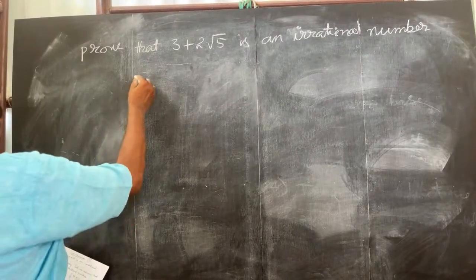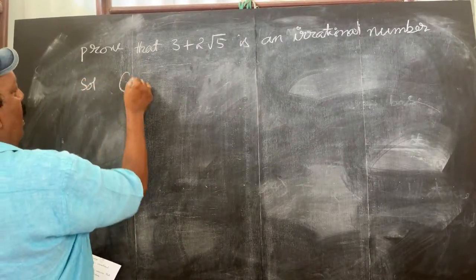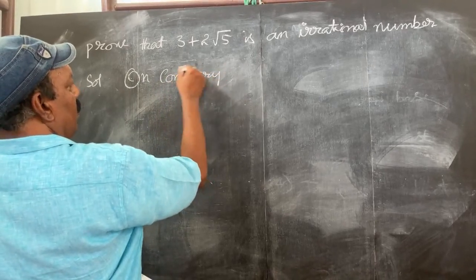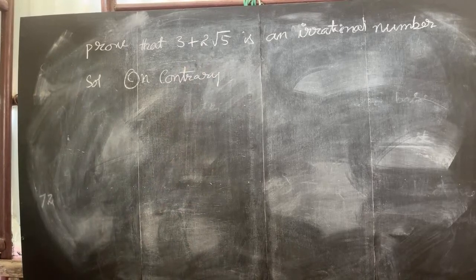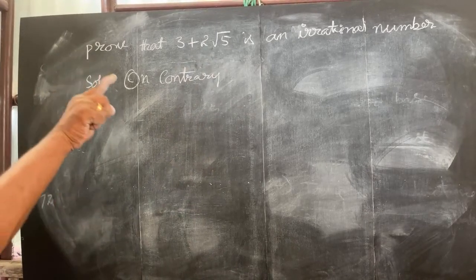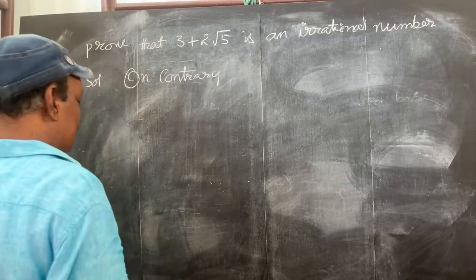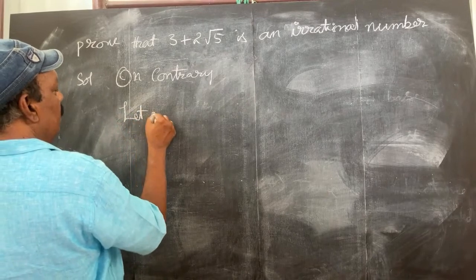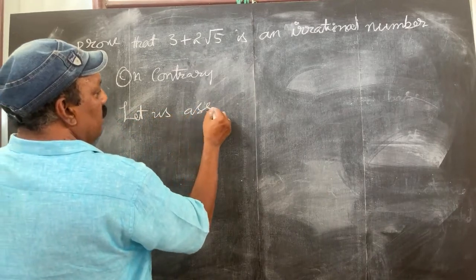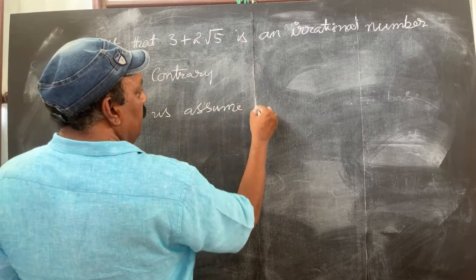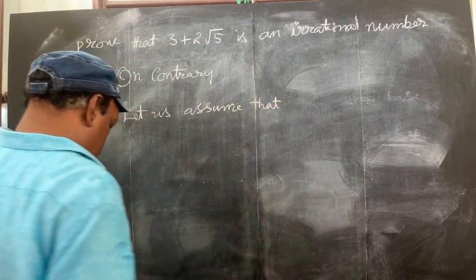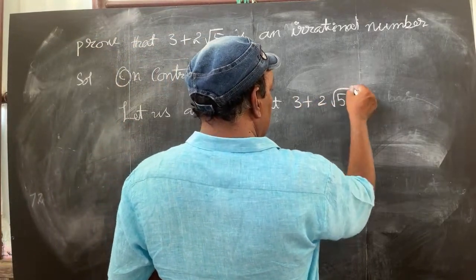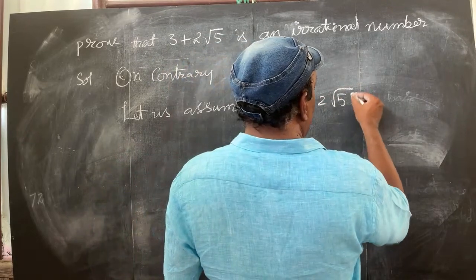Now the first step of the solution is on contrary. Why are you saying on contrary? Because we are taking the irrational number as a rational number. On contrary, let us assume that 3 plus 2 root 5 is a rational number.